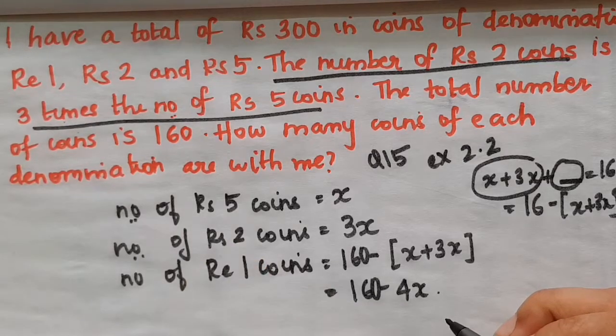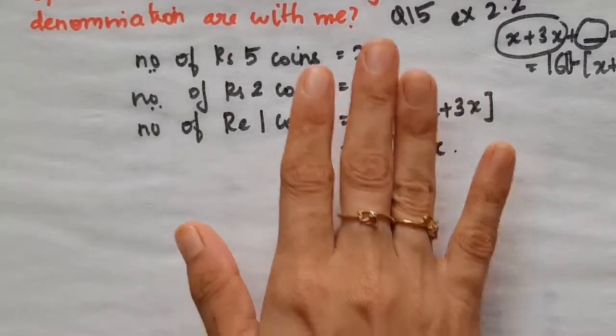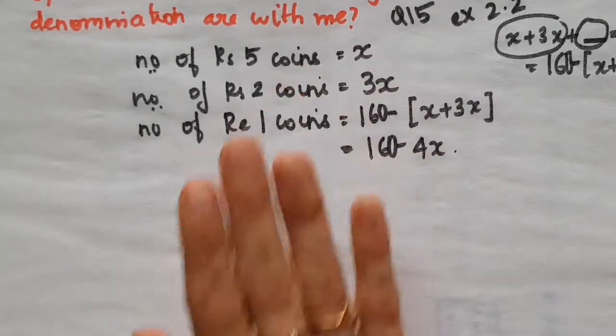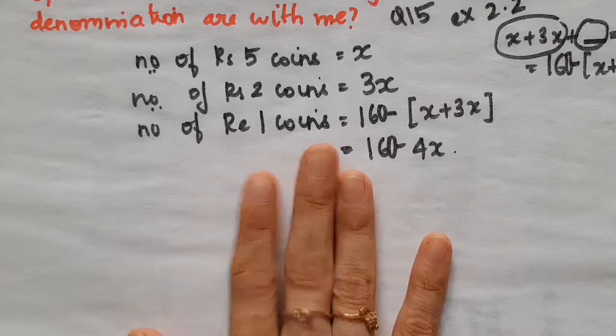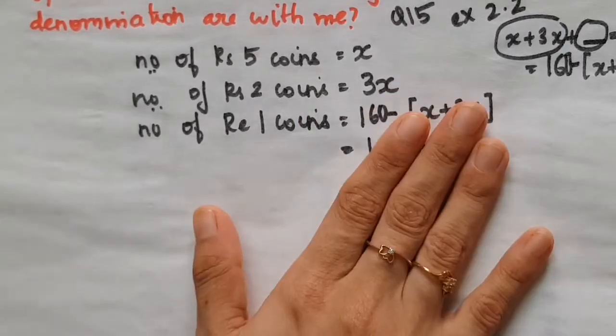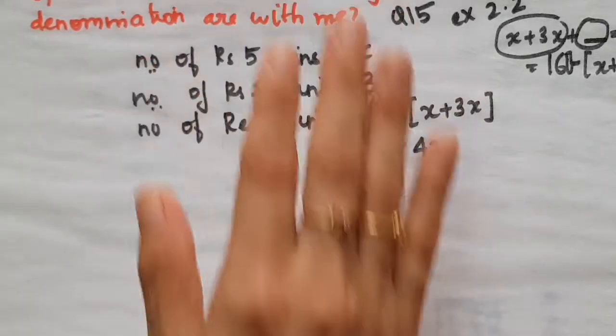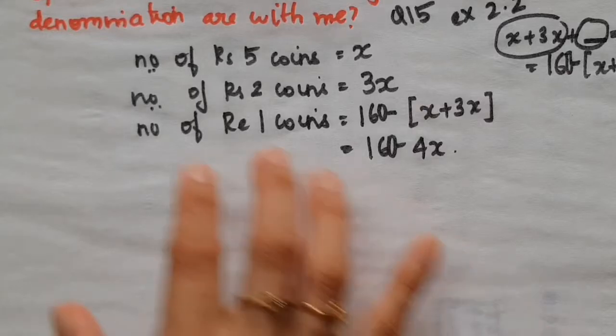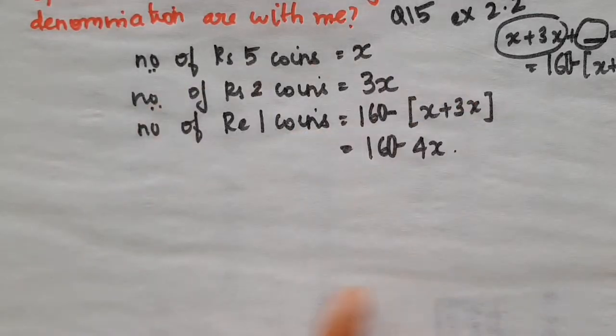Now we have assigned values for the number of coins: rupees 5 coins, rupees 2 coins, and rupee 1 coins. Now we have to form a linear equation with this information. It is given that the total amount of money I have is rupees 300. So let's make an equation with this information.